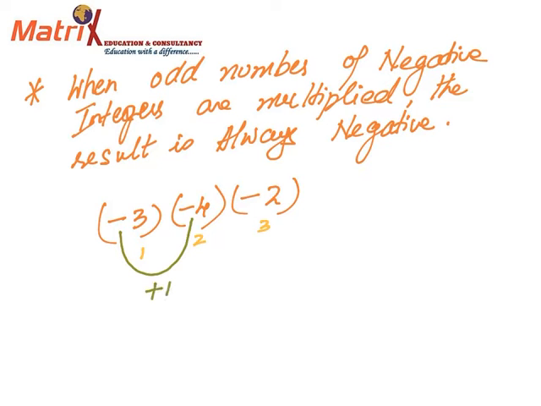I get plus 12. I have nothing with negative 2 to multiply and make it a pair or make it a positive number. I copy down negative 2 as it is. Now we apply the rule of multiplication. The first rule, positive and negative, always negative. So my answer will be negative 24.